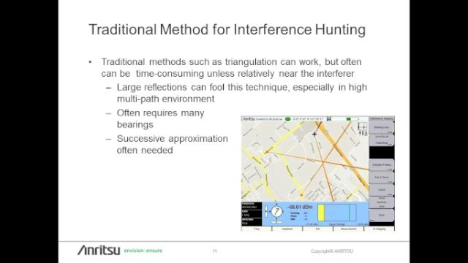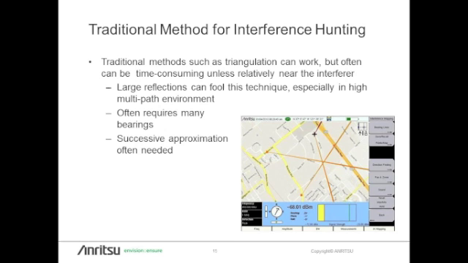So you need to take multiple measurements from multiple positions. You're driving around, you need to get away from your car. You don't want the car to affect your measurements, and you need to take multiple measurements in order to get an initial fix. Once you have your fix, then you need to successively approximate. You need to get a little bit closer, do that same process again until you hone in on the interference system.